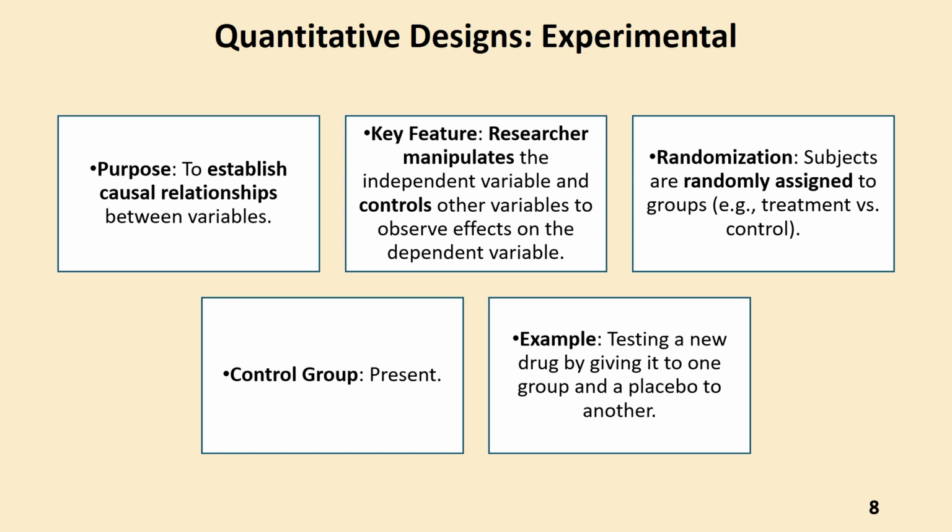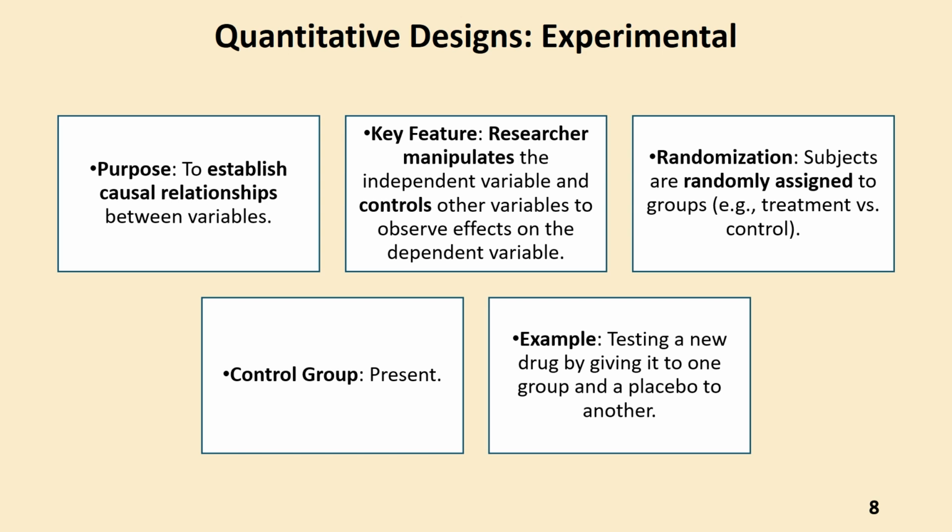It is not only about understanding a certain research design, but at the same time you have to understand when you are going to use certain kinds of experimental design. So, purpose is clear: to establish causal relationship between variables.